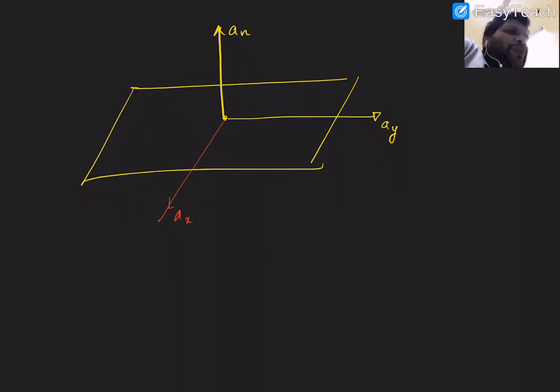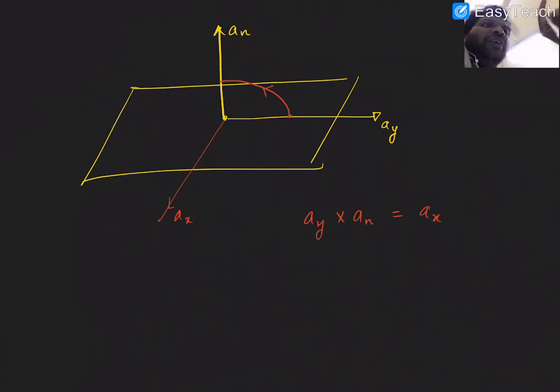So how can we get it? If you are moving y to n, that means ay cross an, that will give you ax. Just imagine you are rotating y to n, so that will give you the direction of the field.